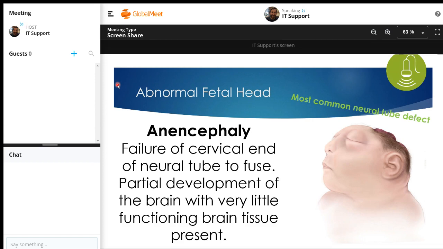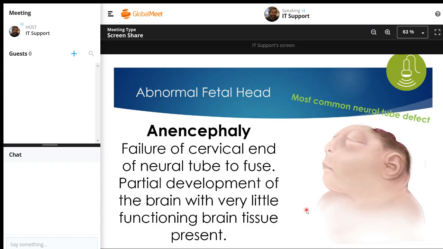There may be very little functioning brain tissue, but sometimes there's none at all. Some have some functioning brain tissue with a rudimentary brain stem. But if there is brain tissue present, it's going to be very little.